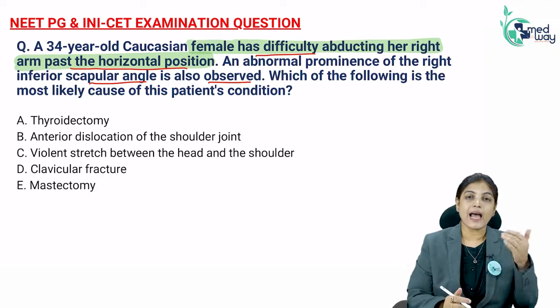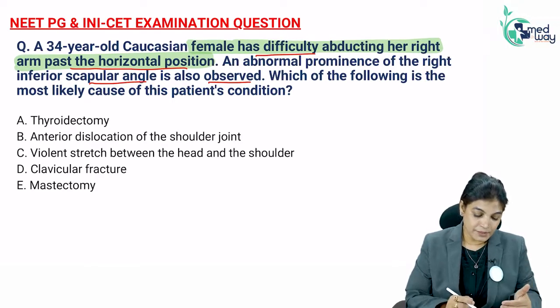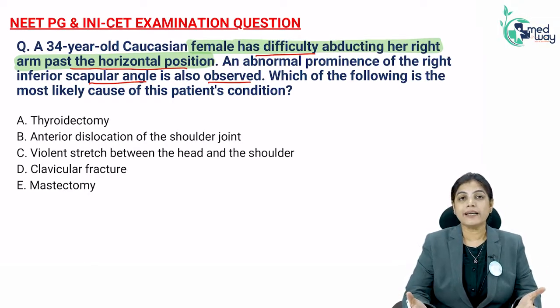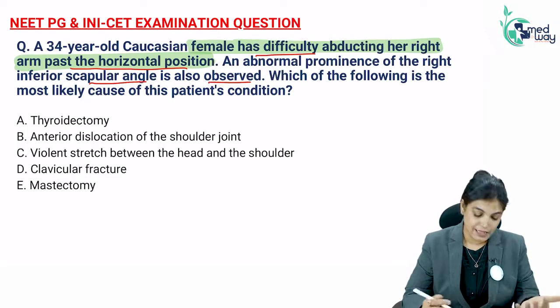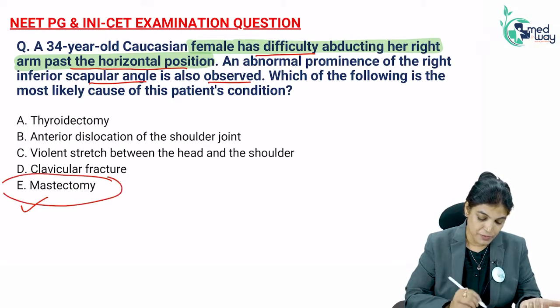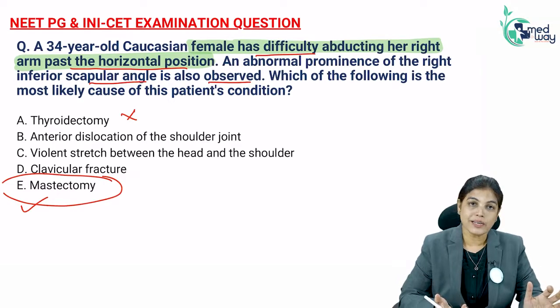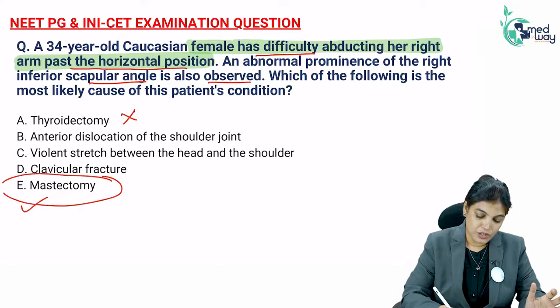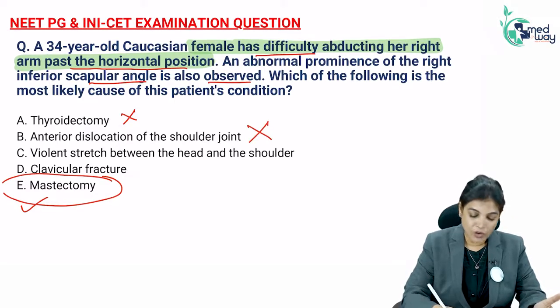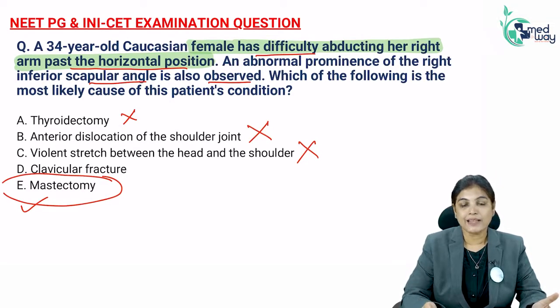That means in this case, an operation has been performed on the lady, and after that this abnormality is seen, so it is the case of mastectomy, removal of the breast tissues. So this is the right answer. Thyroidectomy generally involves the external laryngeal nerve and recurrent laryngeal nerve. Anterior dislocation will involve the axillary nerve. Violent stretch of the head and shoulder can cause a brachial plexus injury.